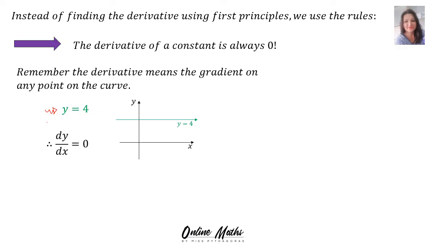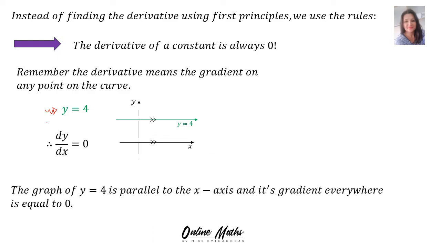That line is a horizontal line. And can you see that the graph of y is equal to 4 is parallel to the x-axis and its gradient everywhere is equal to 0? And that is why the derivative of a constant is equal to 0.